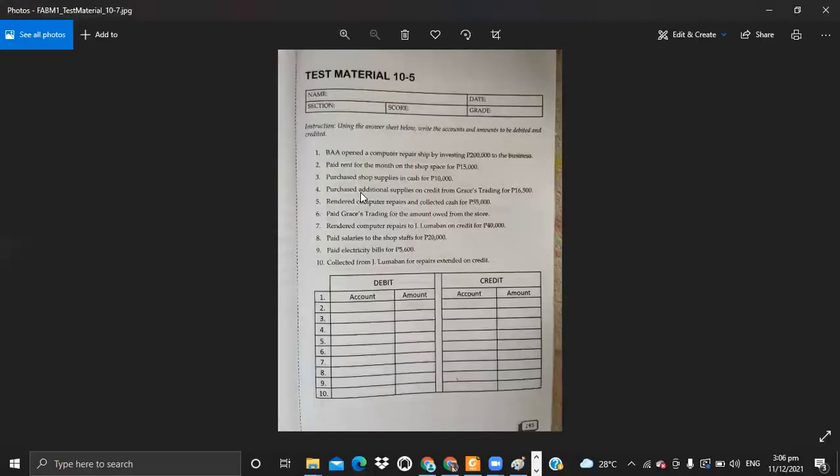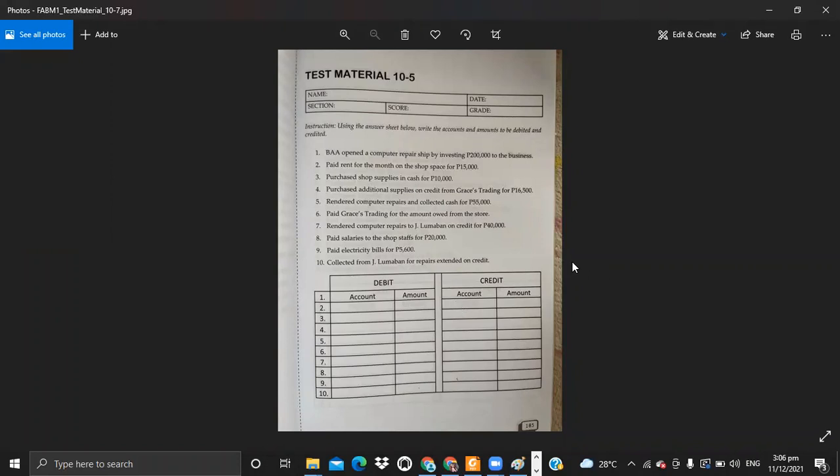Okay, so this one, test material 10-5, though I have put 10-7. Yan, 10-5. Ito naman, individual naman to. Okay, so using the answer sheet below, though you can create your own, you can use Excel, Docs, or paper.